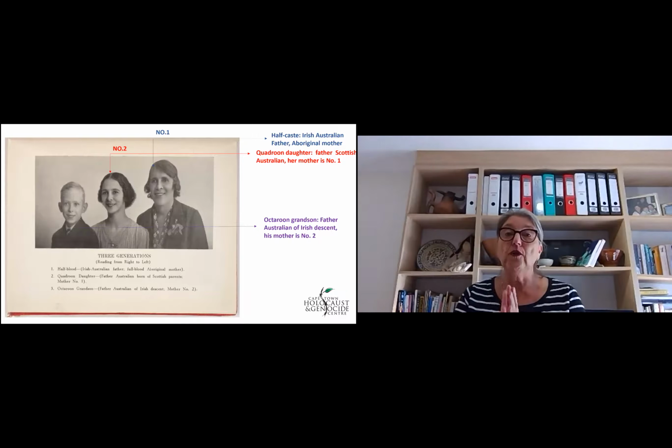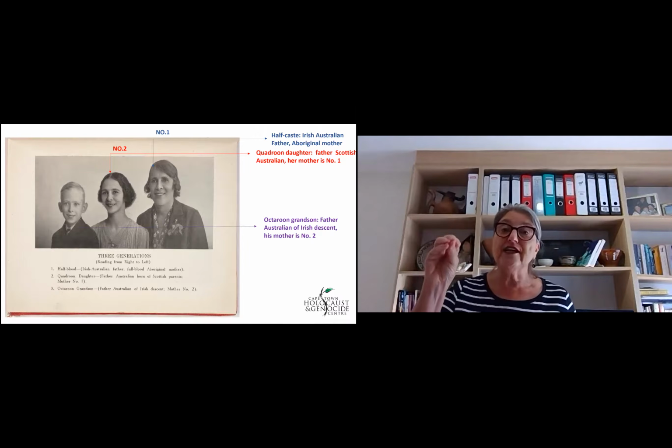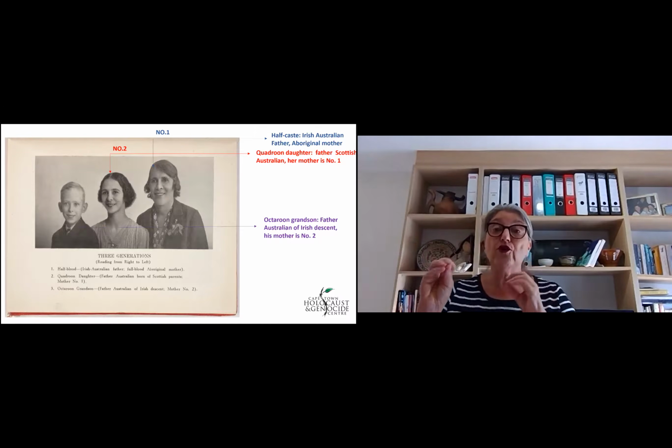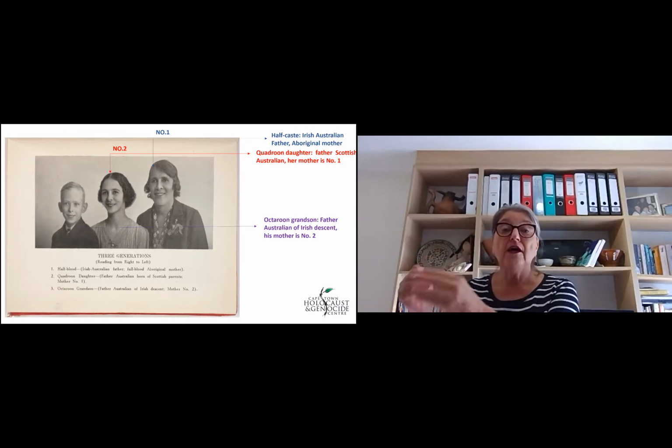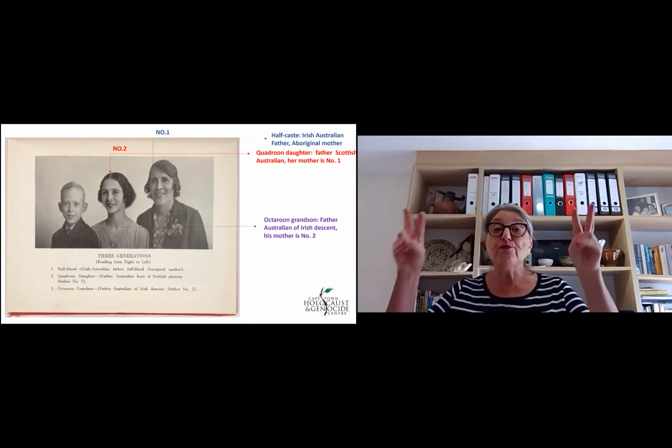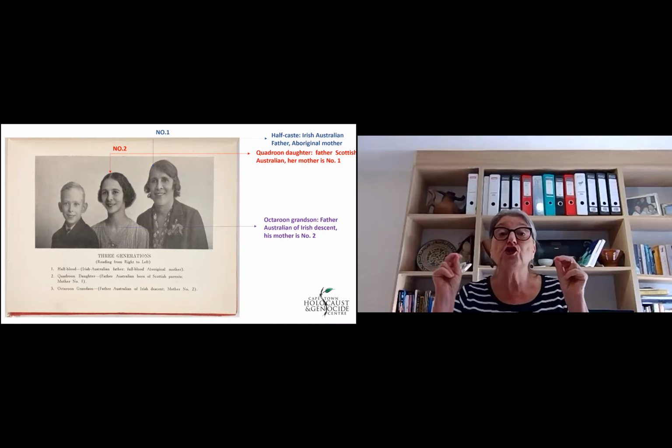We're going to call mother number one, okay? Her parents are an Aboriginal mother and an Irish Australian father. So in other words, an Aboriginal mum, a white dad, which makes her what the Australians would have called a half caste, okay?